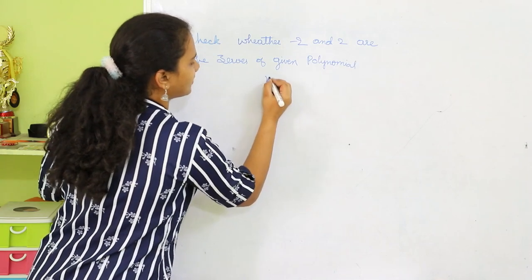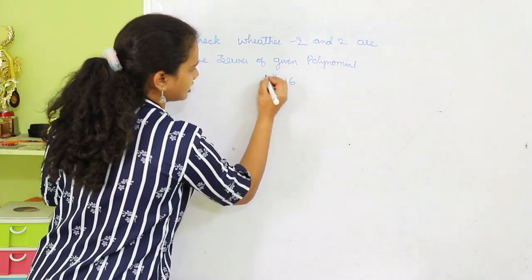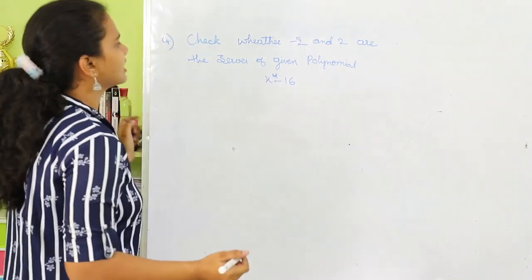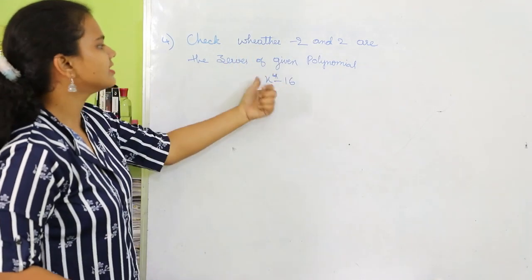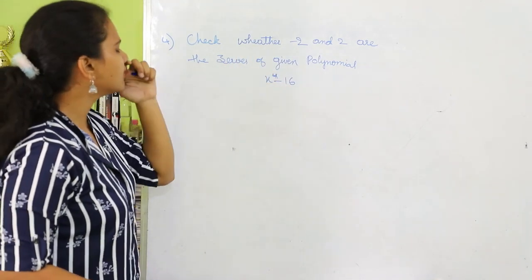What is the given polynomial? x power 4 minus 16. So this is the given polynomial. Now here, check whether minus 2 and 2 are the zeros of the polynomial. So here we should check.